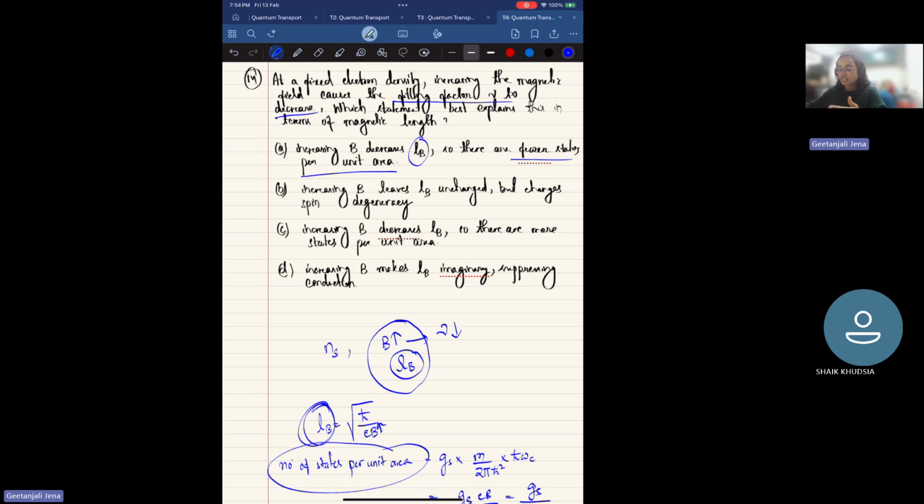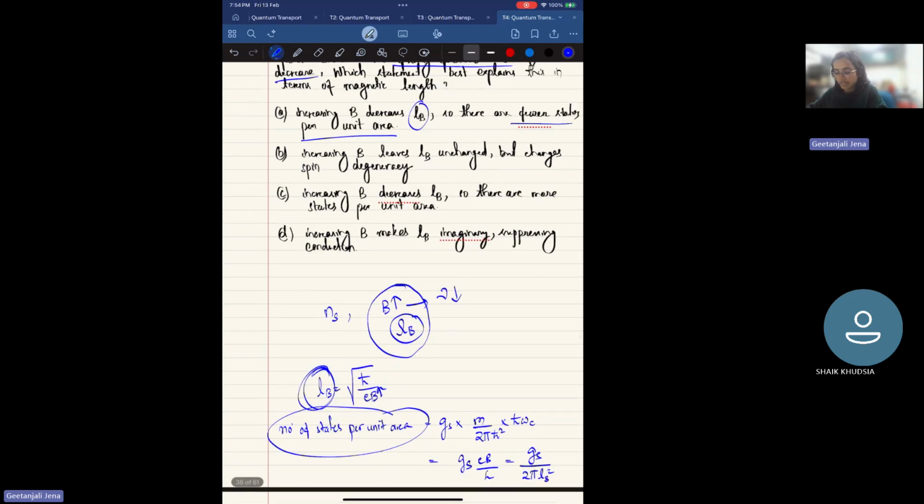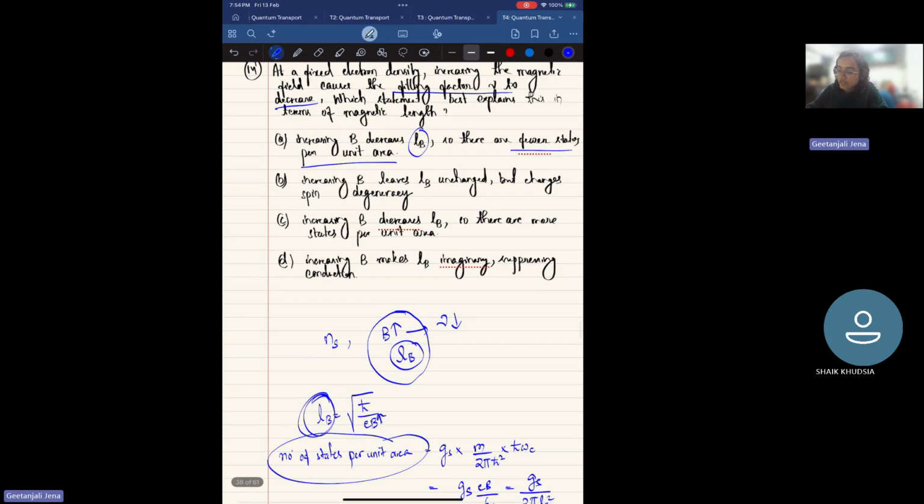So each Landau level will now occupy more energy states because we are increasing the magnetic field B. So it will decrease LB, but there are more states per unit area. Option C.